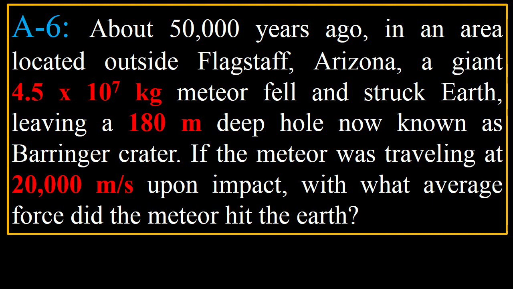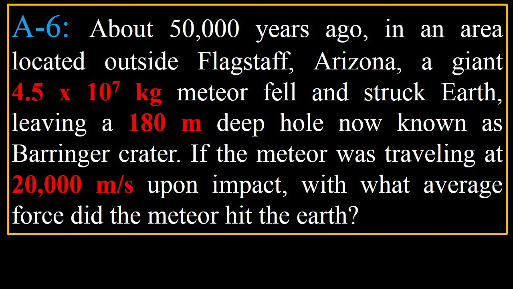About 5,000 years ago, in an area located outside Flagstaff, Arizona, a giant 4.5 times 10 to the 7th kilogram meteor fell and struck Earth, leaving a 180 meter deep hole now known as Barringer Crater. If the meteor was traveling at 20,000 meters per second upon impact, with what average force did the meteor hit the Earth?